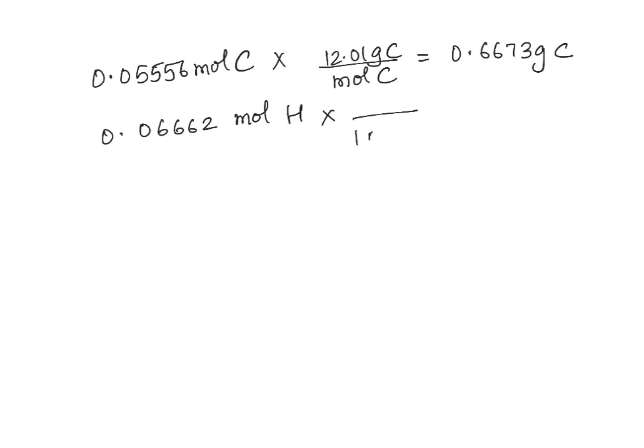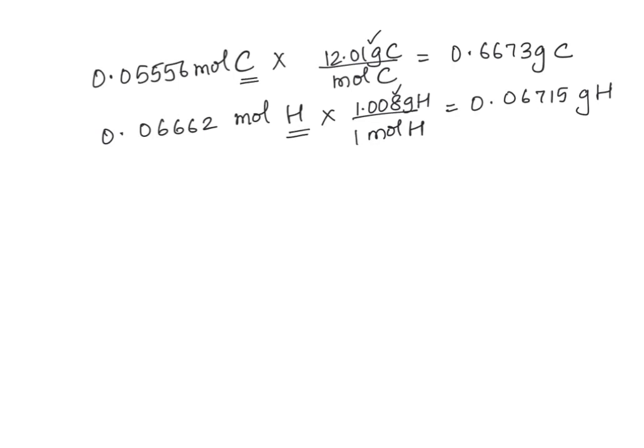Every 1 mole of hydrogen contains 1.008 grams of hydrogen. These numbers we are getting from the periodic table. This is equal to 0.06715 grams of hydrogen.